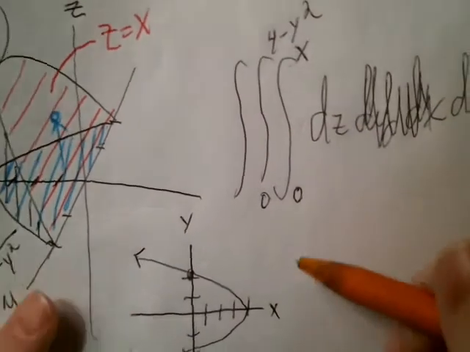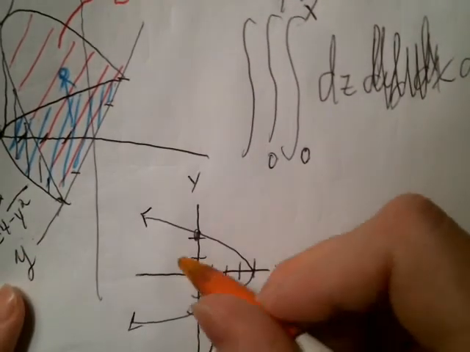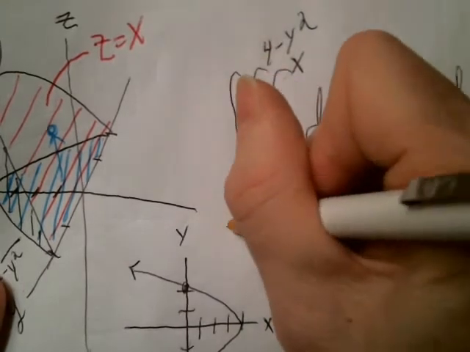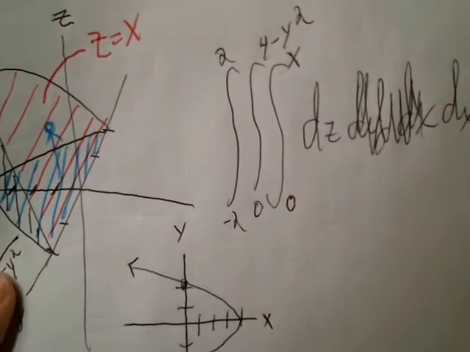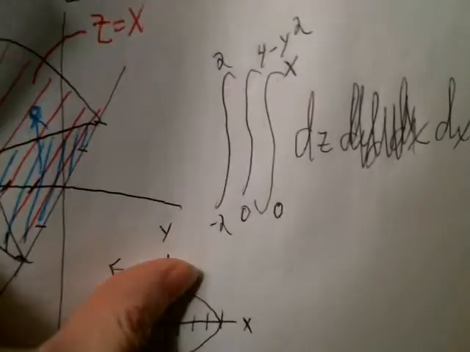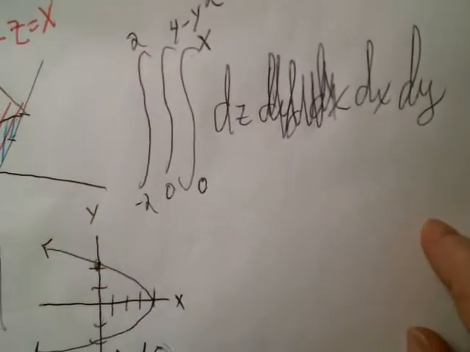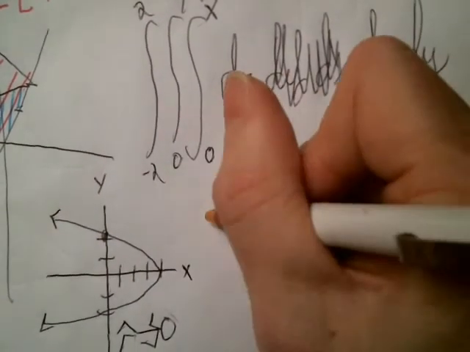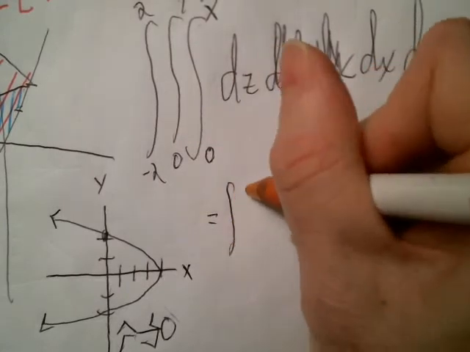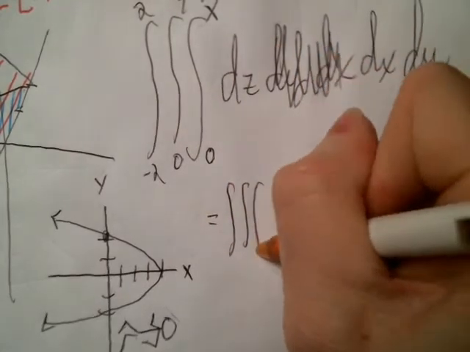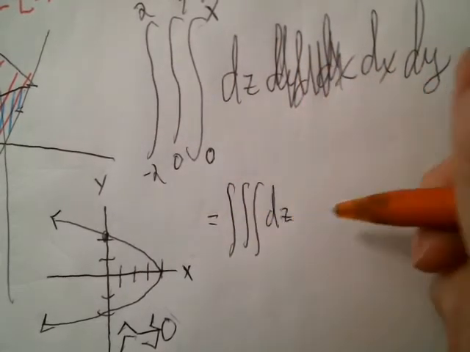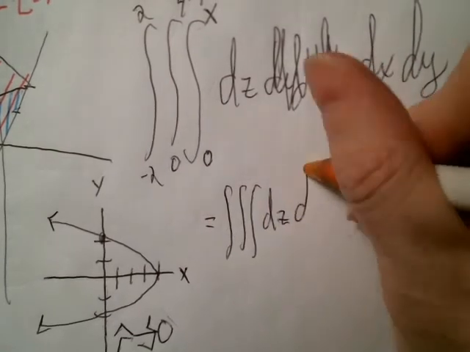Okay. And then the Riemann man is going from -2 to 2. Okay. And then it's just a matter of integrating this thing. So let me rewrite it with all this, without all the scribbling. So I have dz dx dy.